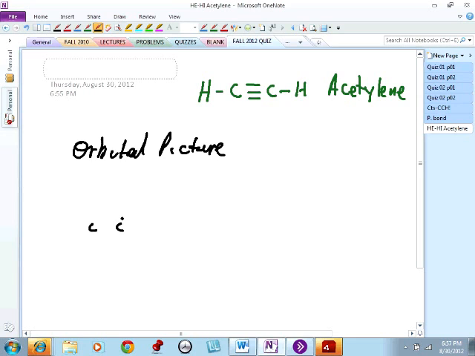Yes, go ahead. How do you know how many pi bonds and how many single bonds? Okay. Keep in mind, when we look at it, if I ask you what is the hybridization of this carbon, you will say what? It's sp, right? So what that is telling me is that you are mixing an s orbital and a p orbital to form the sp hybridized orbital.